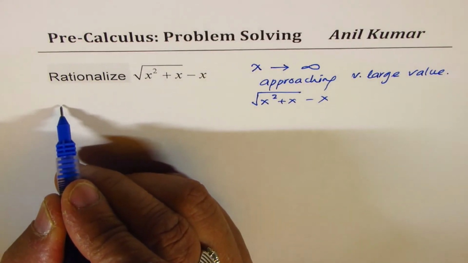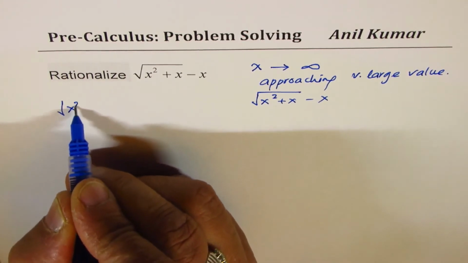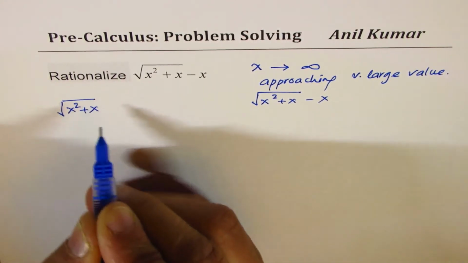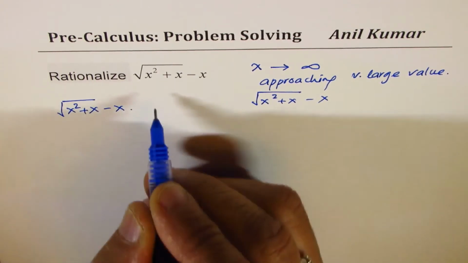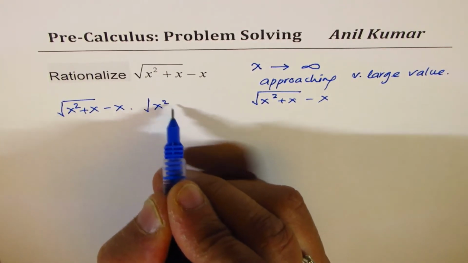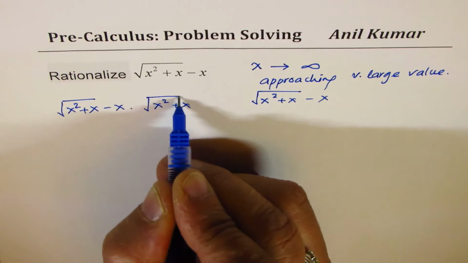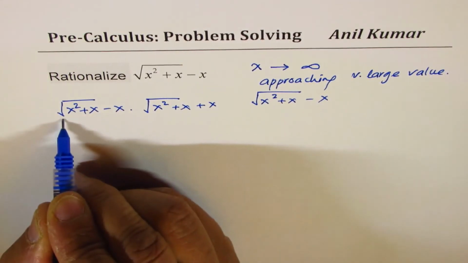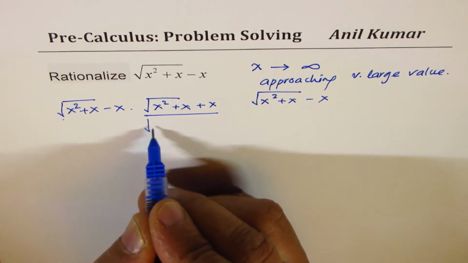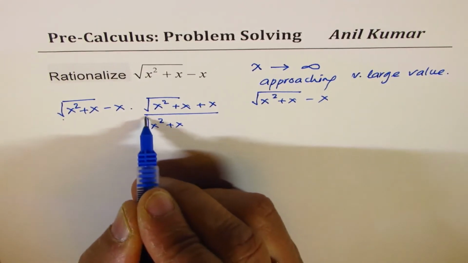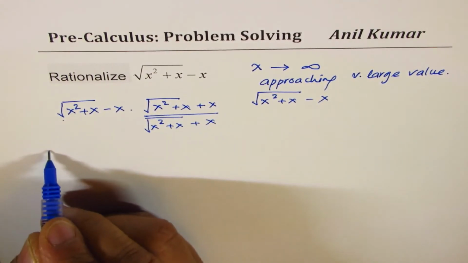So what we have here is square root of x squared plus x minus x. To rationalize, we'll multiply and divide by square root of x squared plus x plus x.